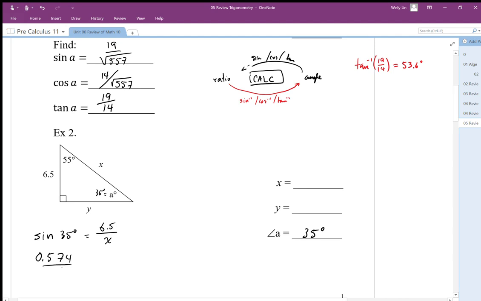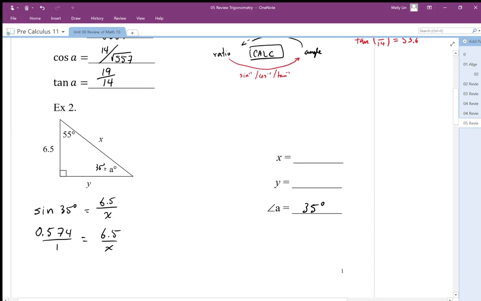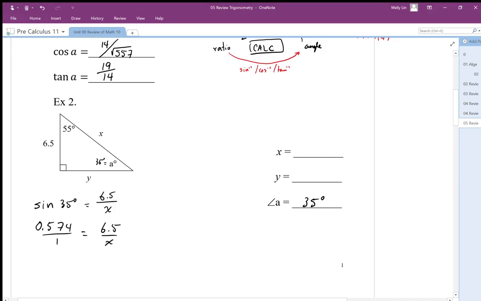0.574 to 1. And this is a proportional equation. And I can just solve this proportional equation. You can cross multiply, or you can use a multiplier going across. Here I'm just going to cross multiply this, and I'm going to end up dividing by 0.574.